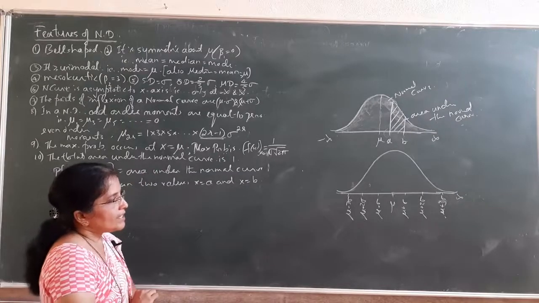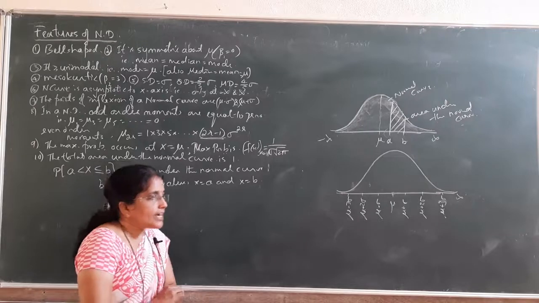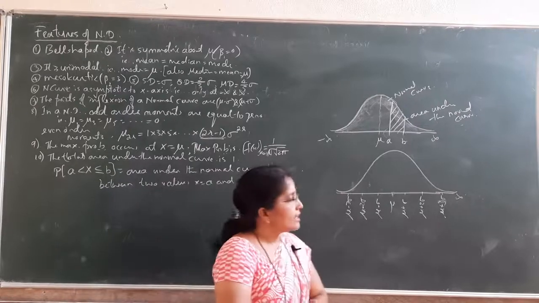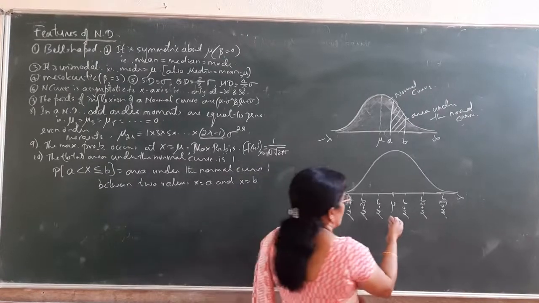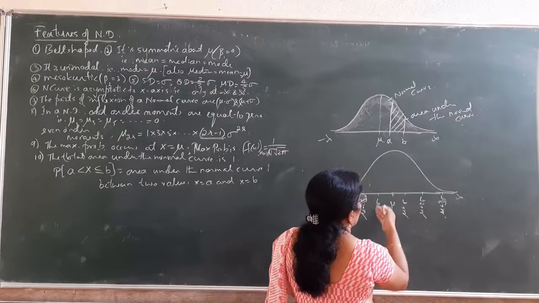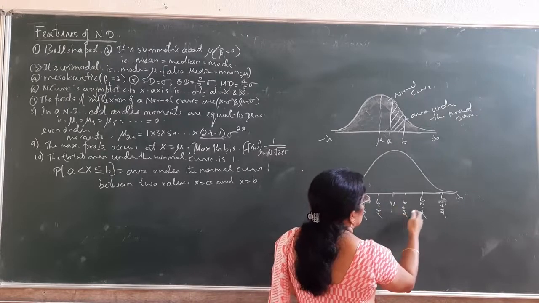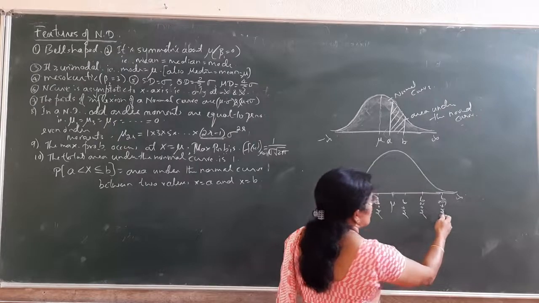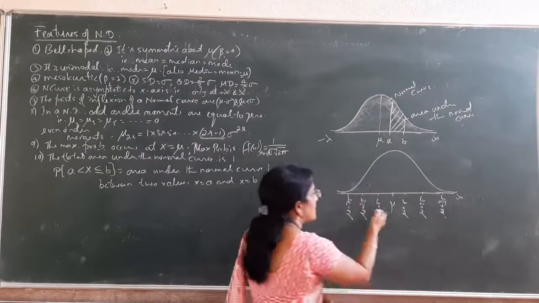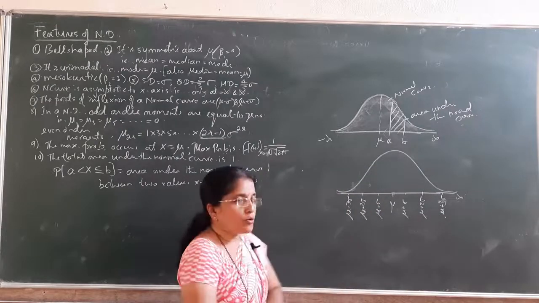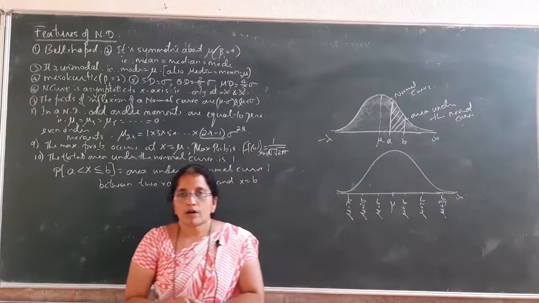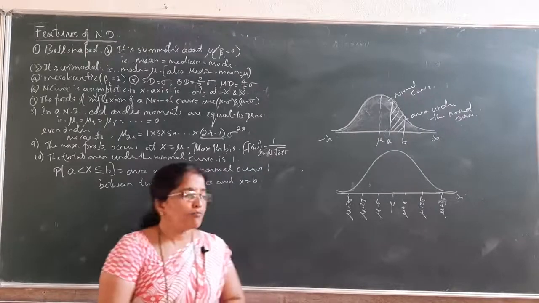Next, let us see some additional factors on area. Now, we have some points here in a normal curve, that is mu plus sigma, mu plus 2 sigma, mu plus 3 sigma to the right of mu. Similarly, mu minus sigma, mu minus 2 sigma, mu minus 3 sigma to the left of mu.